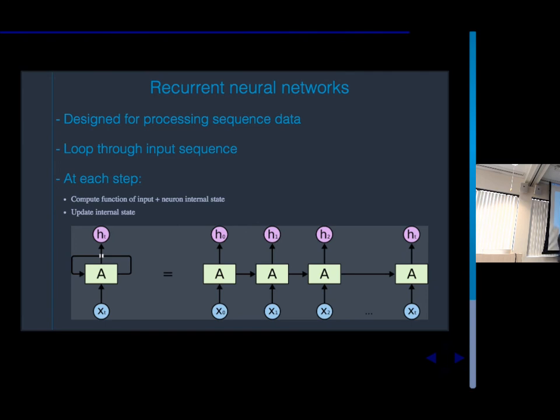So it's almost like just looping over your inputs in a for loop. The difference is that this cell A contains some internal cell state that updates each time it sees an input. So it's not the same as applying just the same function to every input. It's sort of gathering information as you go along.